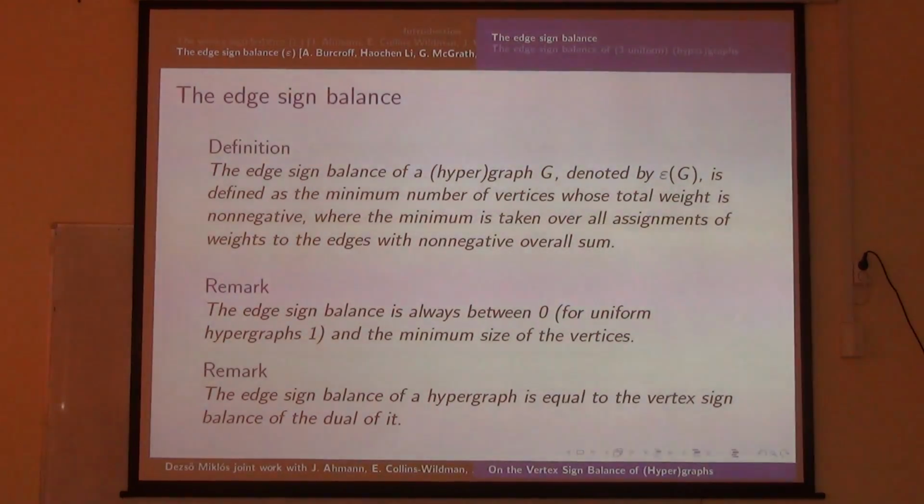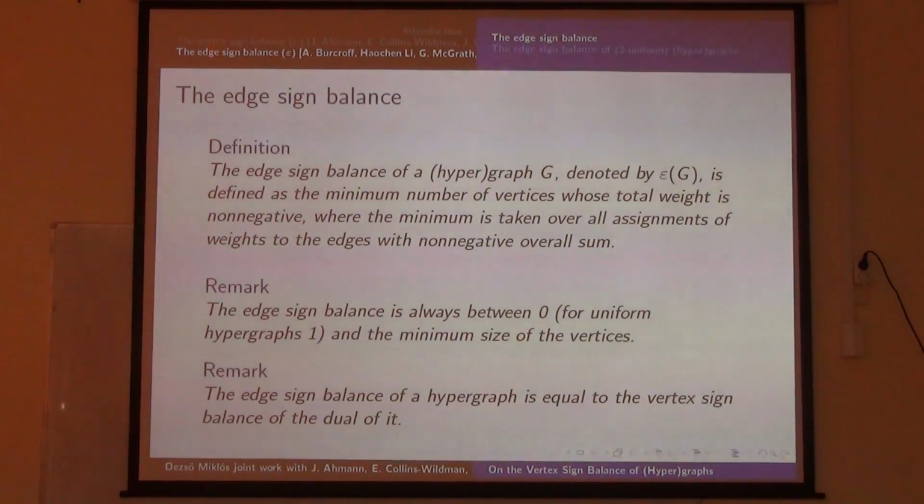So a vertex to inherit a positive sum must be contained in this minimum edge, so that many vertices can be, in the worst case, with positive weight. But again, it's not very difficult to find some hypergraphs where this number goes down to 0.